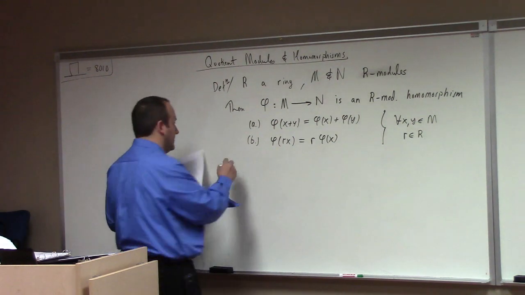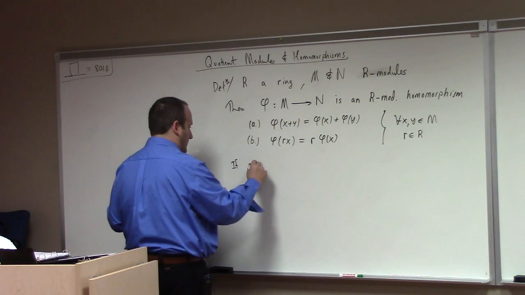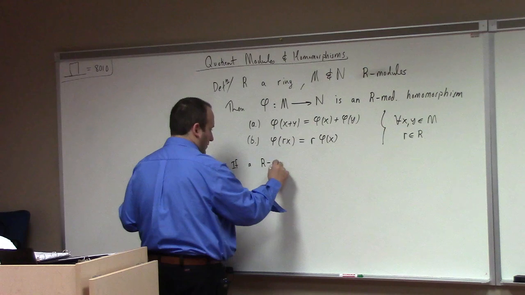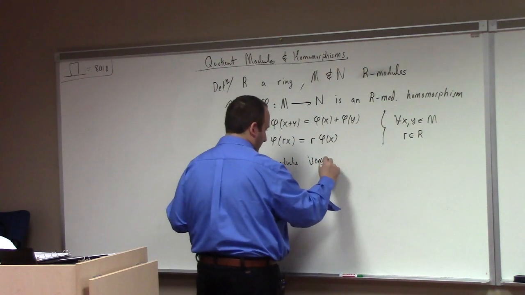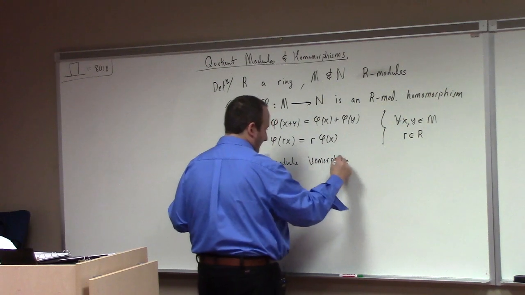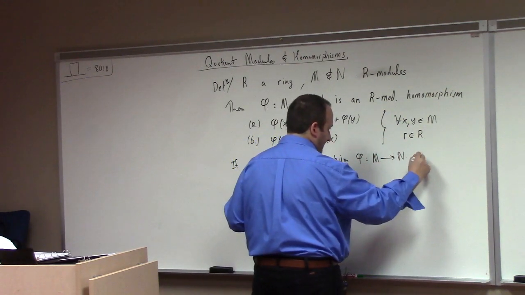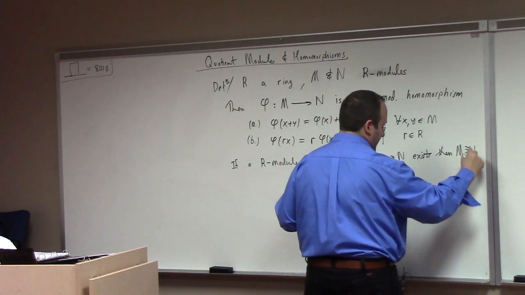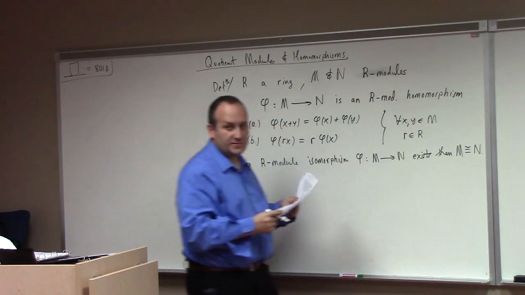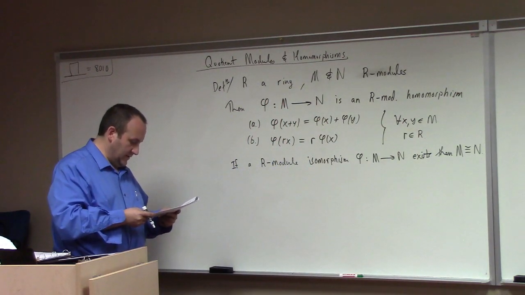So if an R module isomorphism φ from M to N exists, then we say M is isomorphic to N as R modules. This all seems familiar, doesn't it?